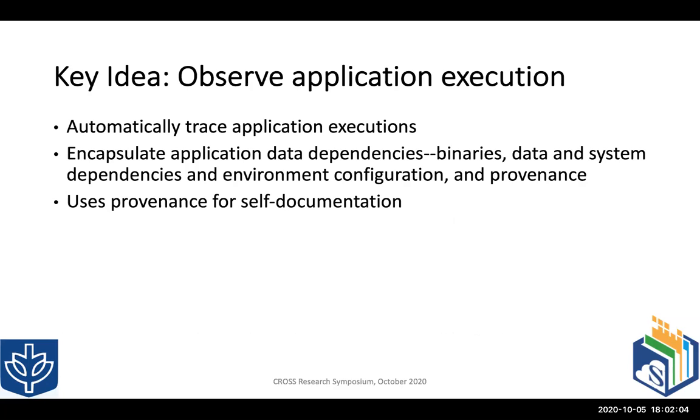Now, these application data dependencies could be binaries, could be data and system dependencies, could be environment configuration, and create a provenance graph, which can be used for describing the application itself.